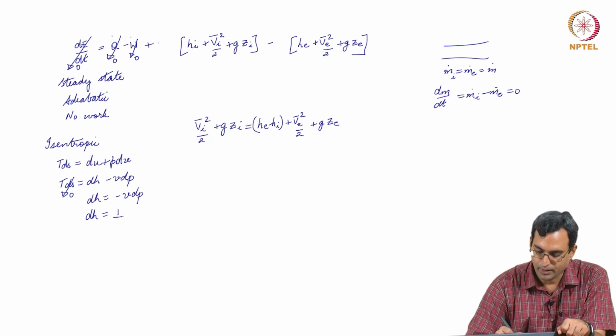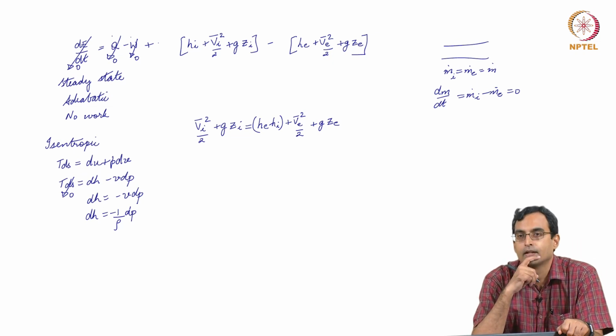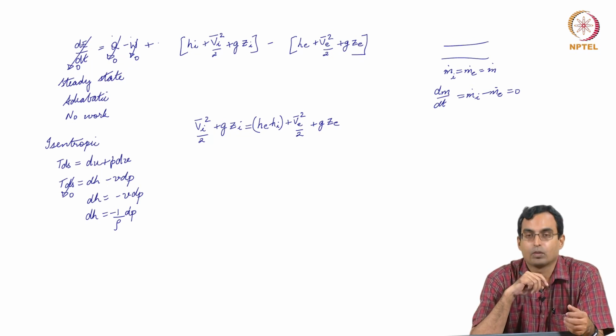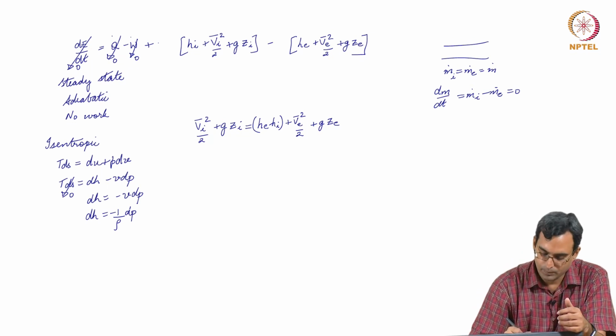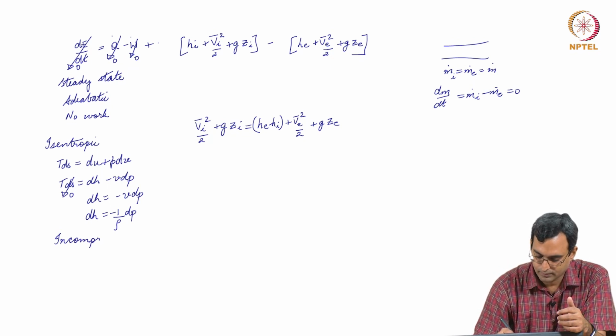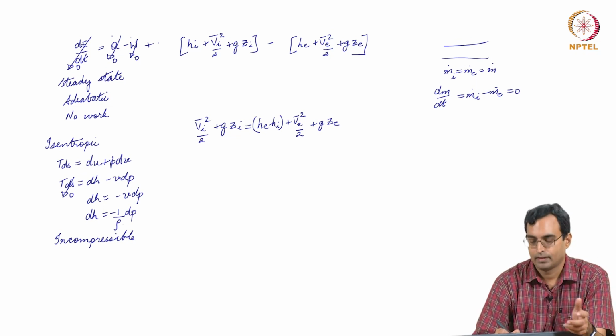V is essentially 1 by rho. I can write this as minus 1 by rho dp. If rho is a constant, or if specific volume is a constant, which means I am assuming that it is incompressible, then rho is a constant.